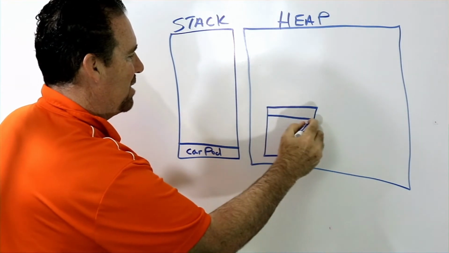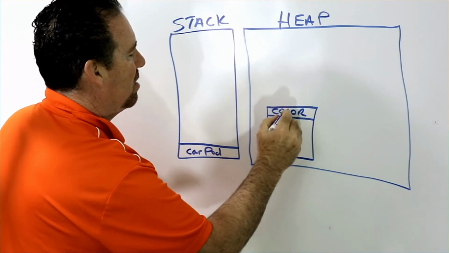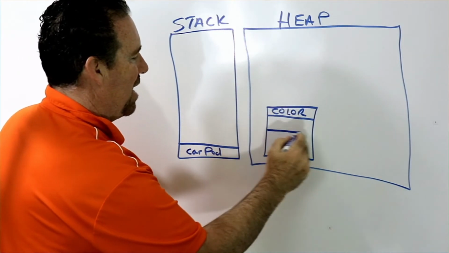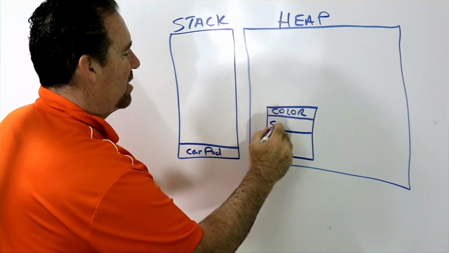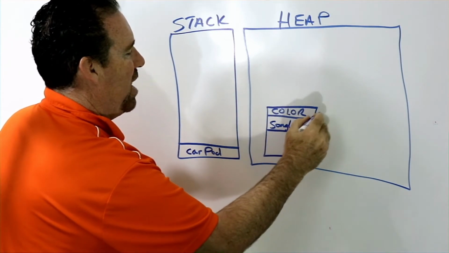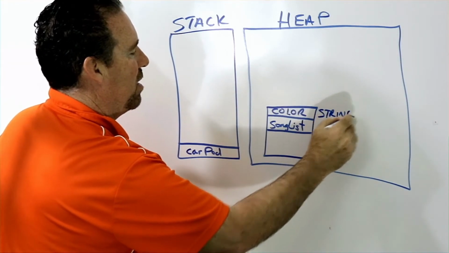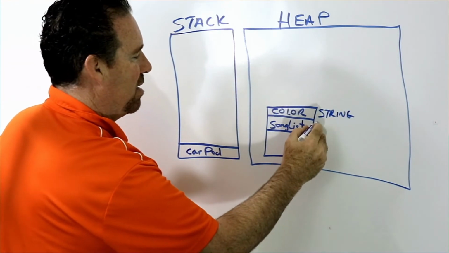Okay, that has a color, and then that has a song list. And while this is a string, this is an array.